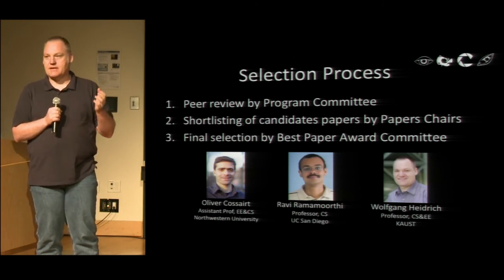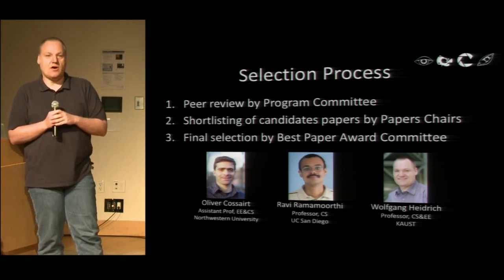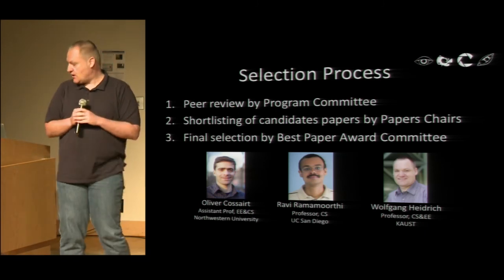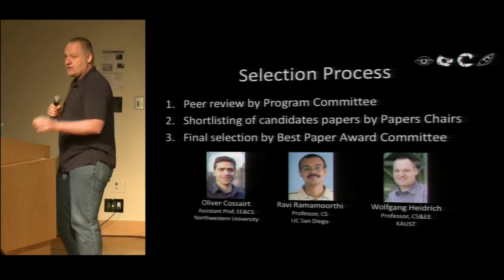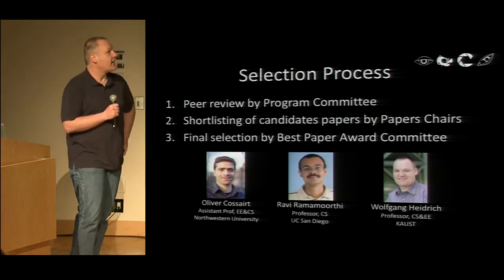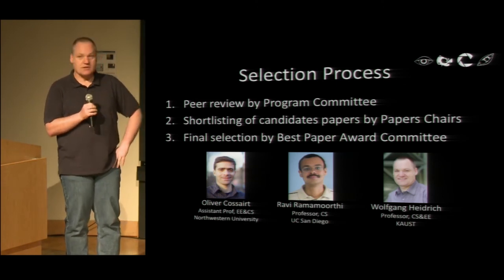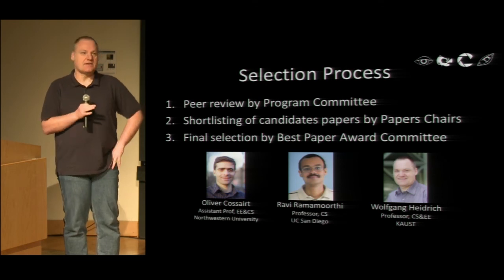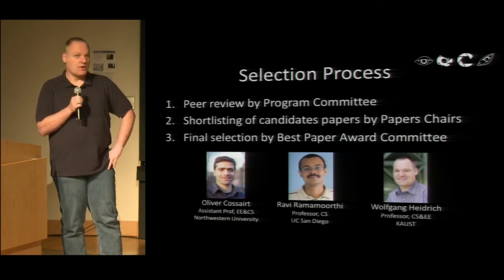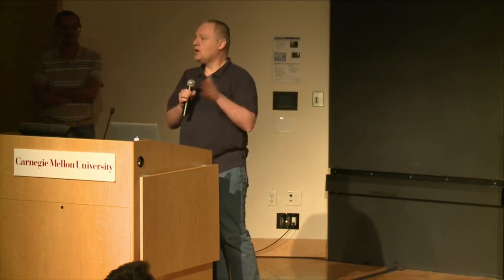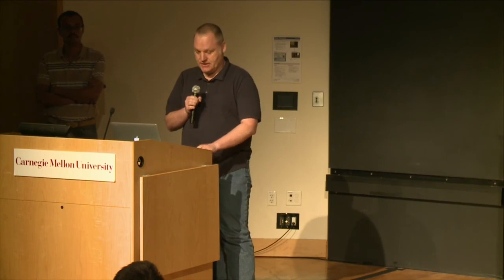At the same time, they prepared a short list of papers to be considered for the Best Paper Award. And then the committee that you see here looked at those papers, read the reviews, had a discussion, and then came up with a final decision for the Best Paper Award. This process was also double-blind, just like the initial paper review. So the only people in the whole process who knew the author names were the paper chairs.